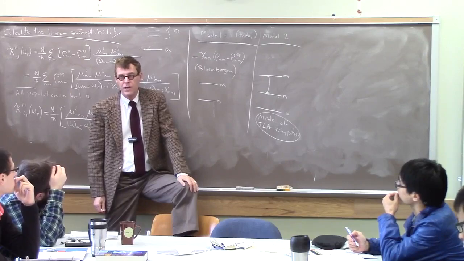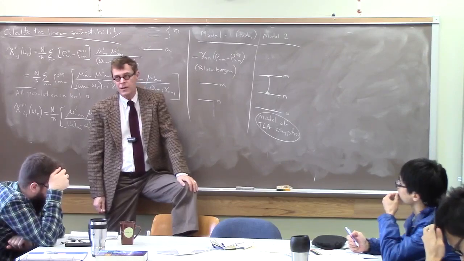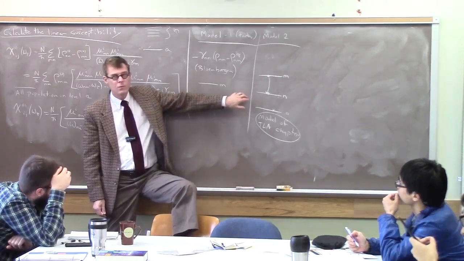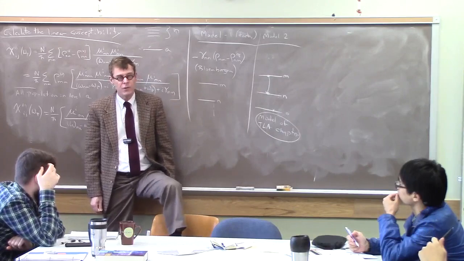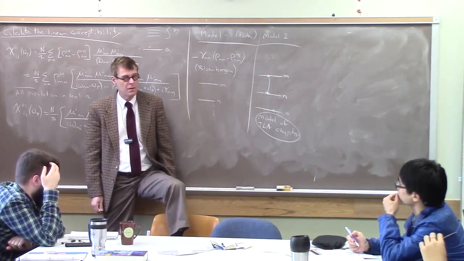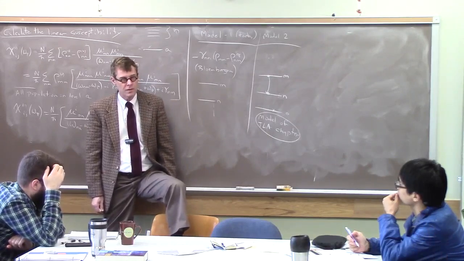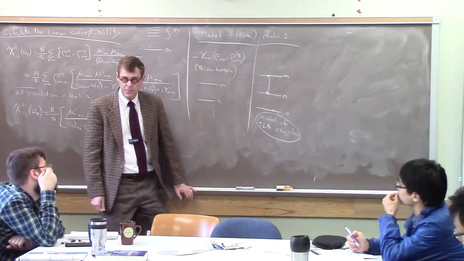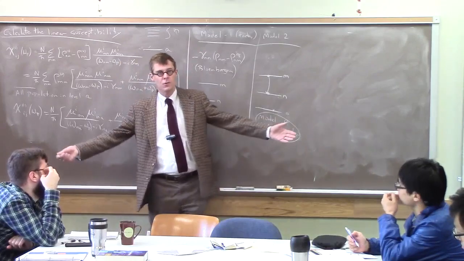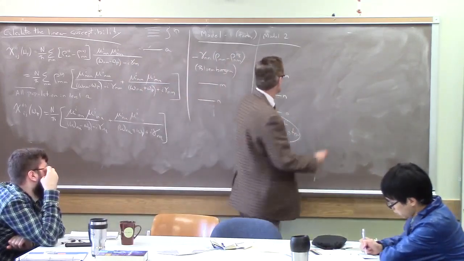If you're interacting with a reservoir in a complicated manner, perhaps the decay will not be exponential. And if there's a memory in the system, then the system is called non-Markovian. But you ask, how in the world could there be a memory in the system?